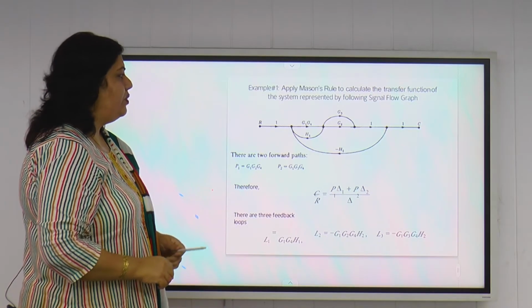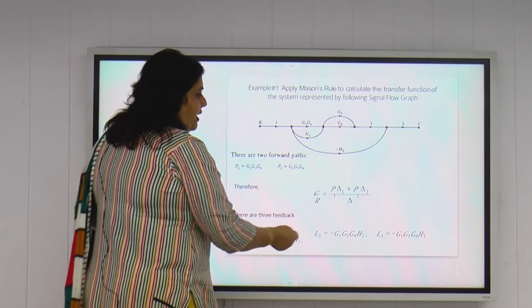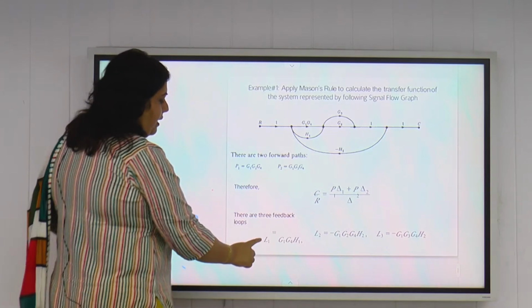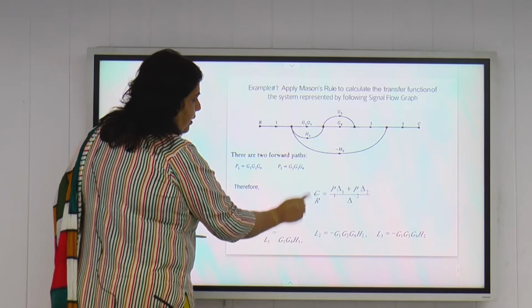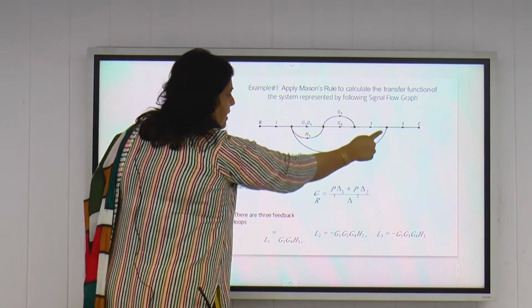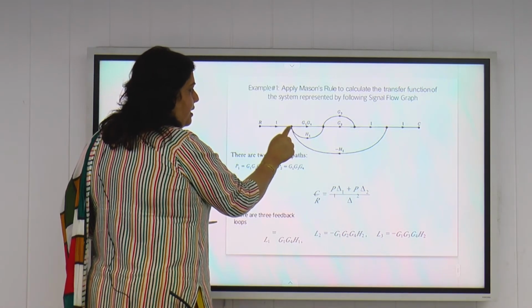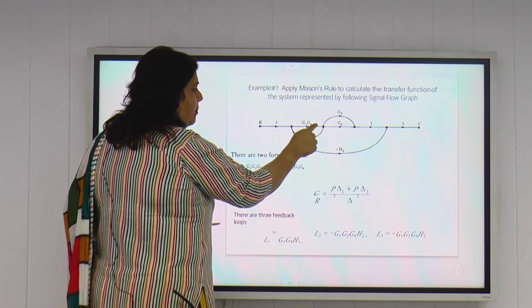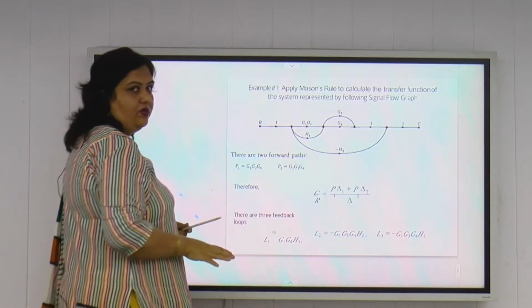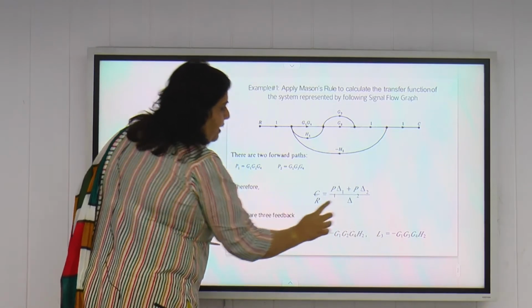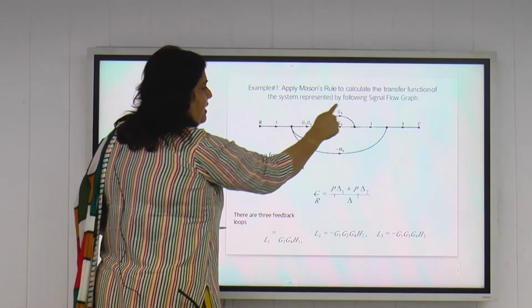Now we have to identify the pairs of non-touching loops from these three loops. If we see L1 and L2, this is L1 and this is L2, but they are not non-touching, because these two loops have this node in common, and this branch in common. So these are not considered non-touching loops. Then if we check the L1 and L3 pair, L1 is this and L3 is this.